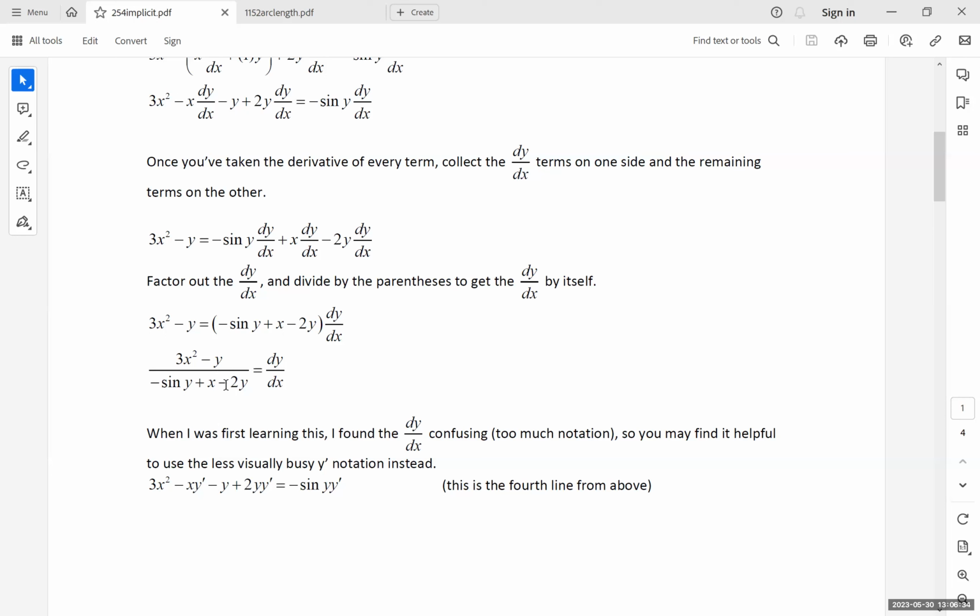If you collected things on the left side instead of the right side, you would get exactly this expression, except that the sign would be distributed through the top instead of the bottom, or vice versa. Those are the only differences in terms of your procedural work. But because there is still a minus sign, whether it's distributed to the top or the bottom, the formula is always going to give you the same answer. And so this is our implicit derivative for dy/dx.